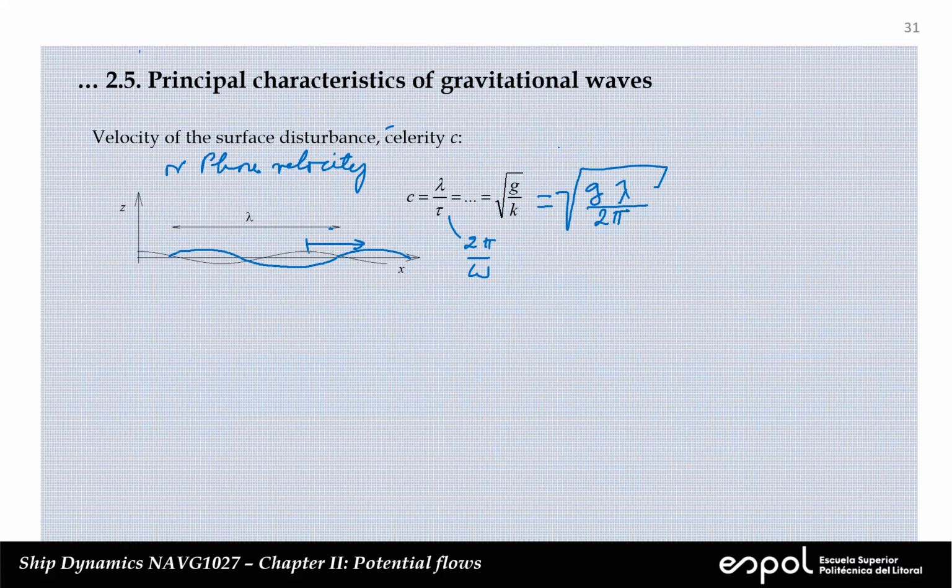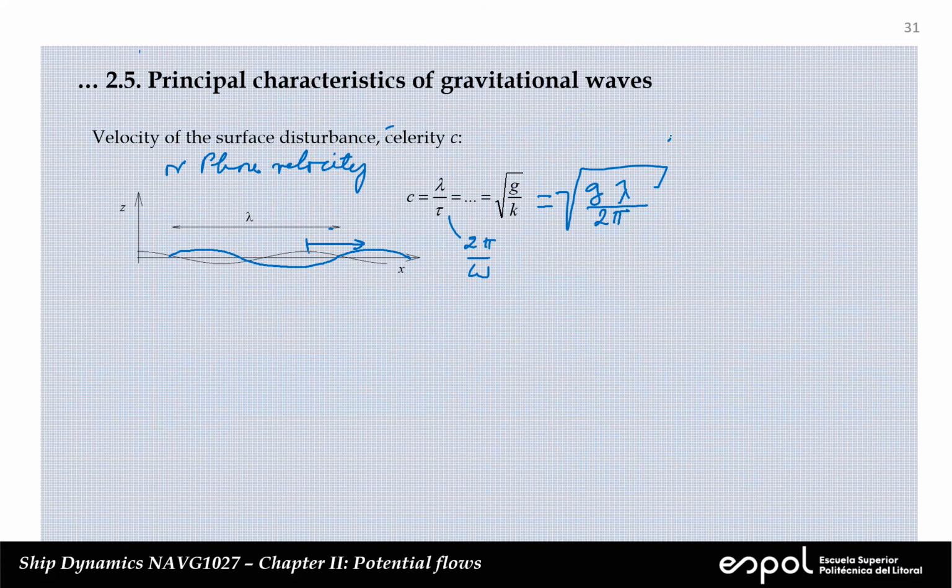So that's the problem with the tsunami. The tsunami is a wave which is very, very long, so the celerity is very high. And what happens is that the wave gets so much inertia that it reaches the shore and advances up, destroying everything in its motion. That's the danger of the tsunami.